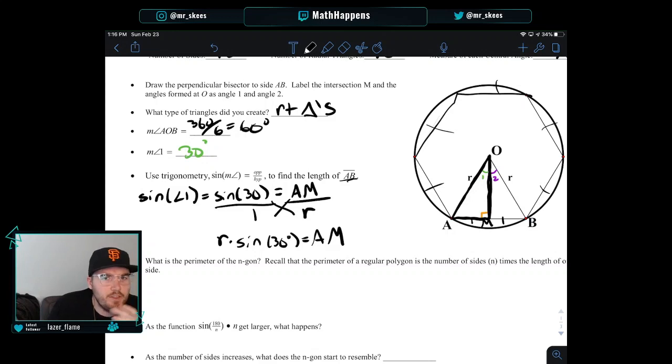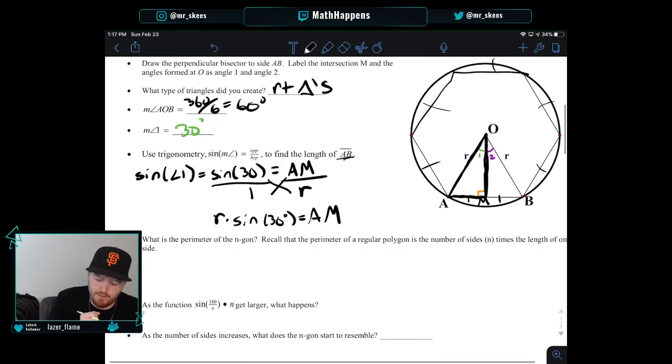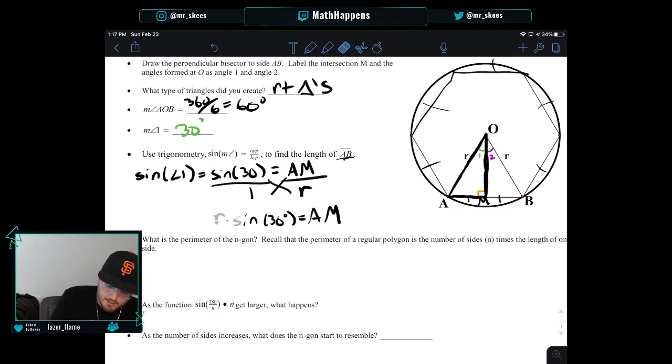What's sine of 30 degrees? That's one of our special right triangles. Sine of 30 degrees is just a half. I'm running out of room here.